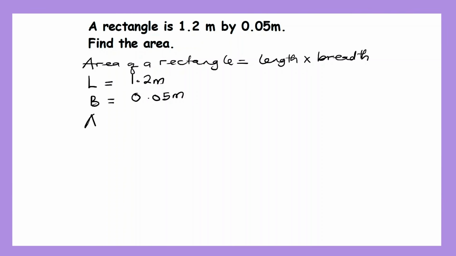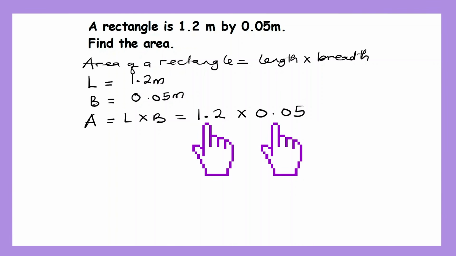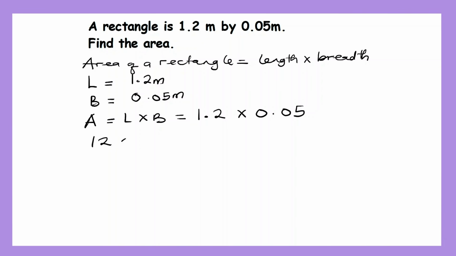So the area, represented by A, is what? Length times breadth, and that is 1.2 times 0.05. So here we can see that we have a decimal multiplication. The first step is to ignore the decimal, and therefore we have what? 12 multiplied by 5.